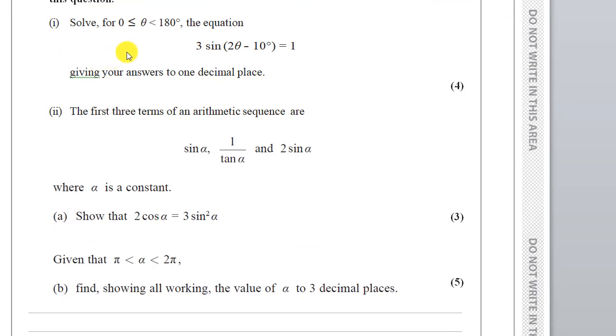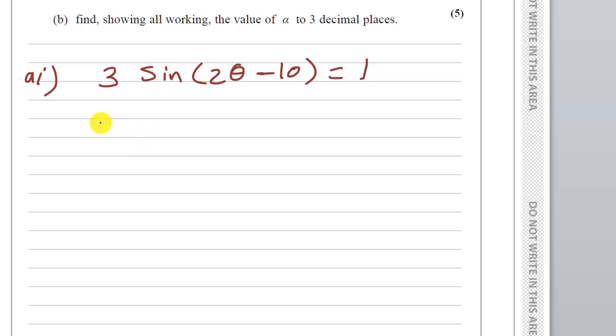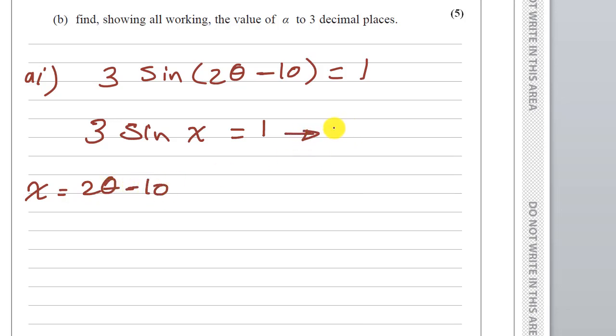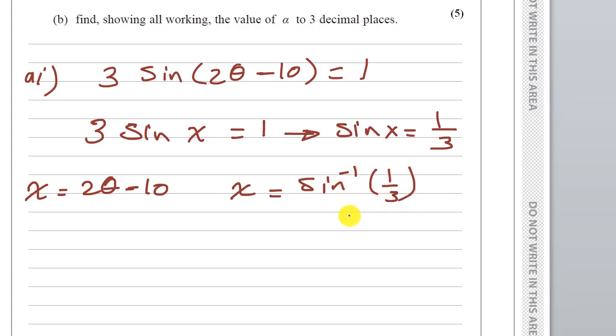Solve for theta bigger than or equal to 0 and less than 180 the equation 3 sine 2 theta minus 10 is equal to 1, giving your answer to 1 decimal place. So 3 sine x is equal to 1, where x is equal to 2 theta minus 10. So from here, sine x is equal to 1 over 3. So x is equal to sine inverse 1 over 3.